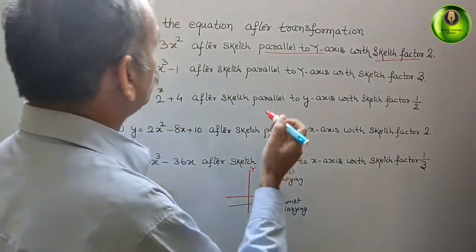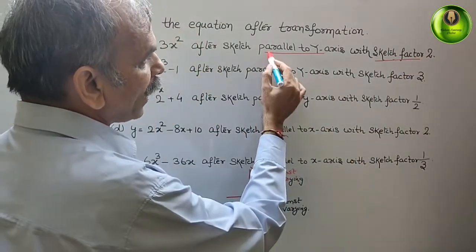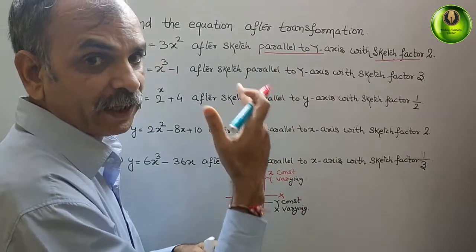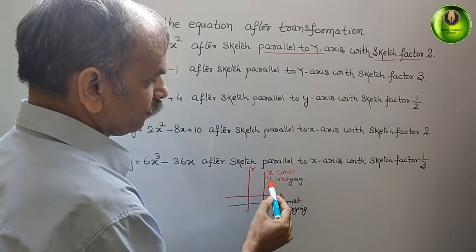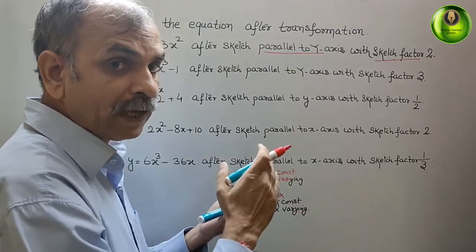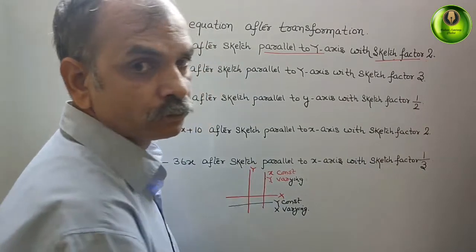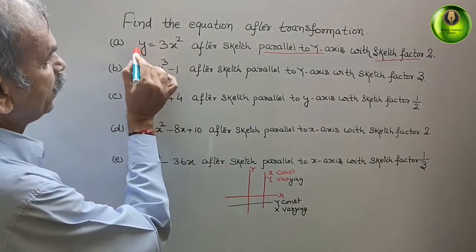That means you can see they have given stretch factor 2 and we know that parallel to y means y is varying. Therefore, we will multiply y with 2. So what happened? You can see 2y.